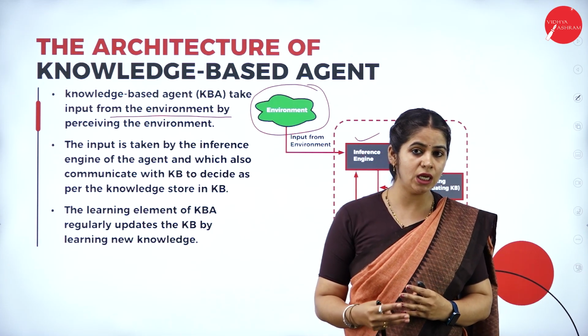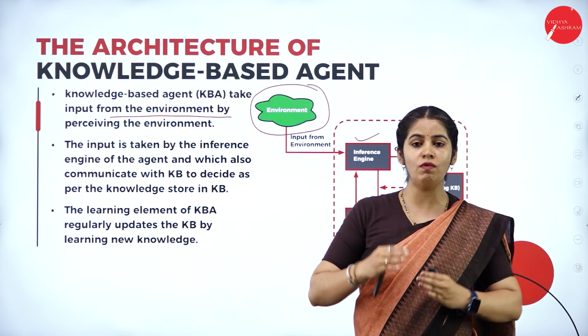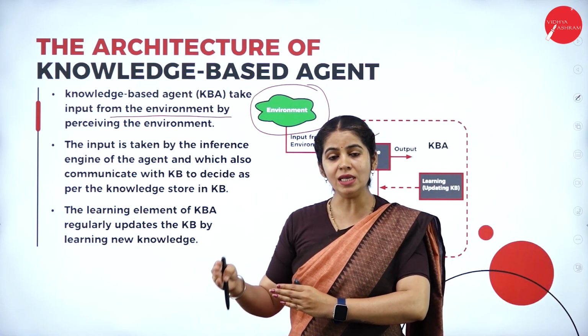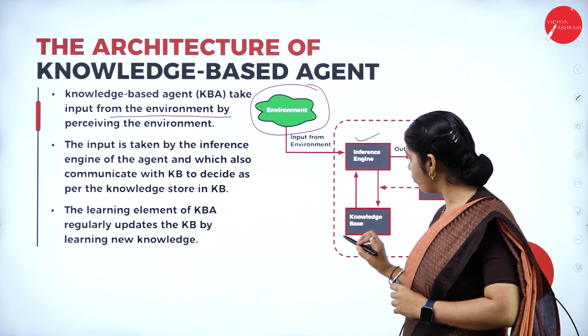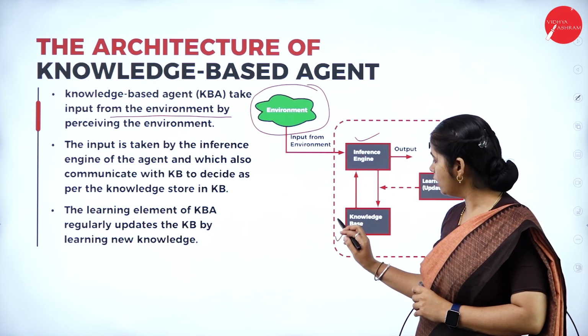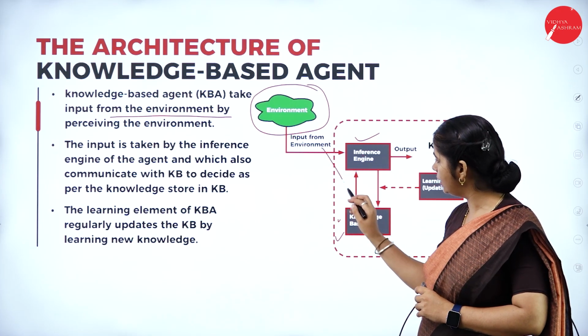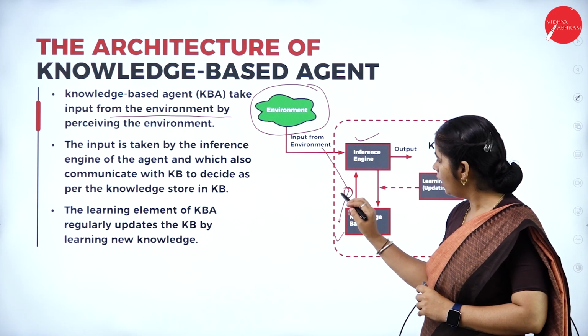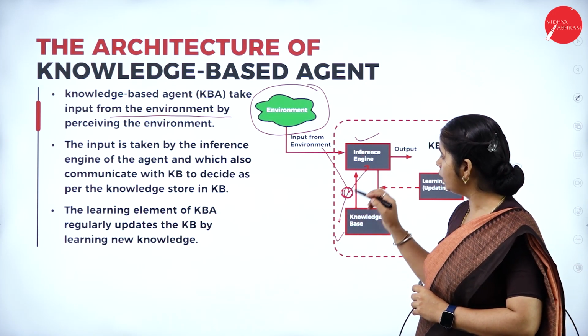What will the inference engine do? The inference engine will infer those percepts into sentences with the help of what? With the help of the knowledge base. It is a combination of the prior knowledge base and the observation it has made from the environment. Using both, it will provide new sentences.